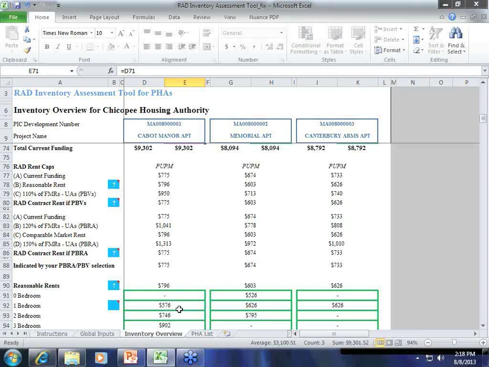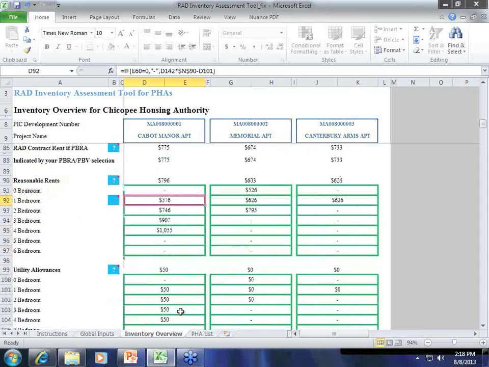Reasonable rents are a term used in the project-based voucher program. These are very imprecise numbers, and if your current funding rents are anywhere near this, then it would be wise to go in and find out what the actual reasonable rents are or would be for this project, because you don't want to inadvertently reduce the subsidy at a site.